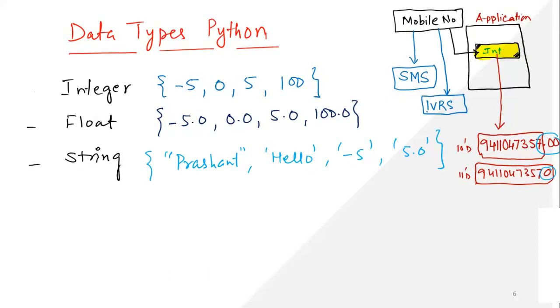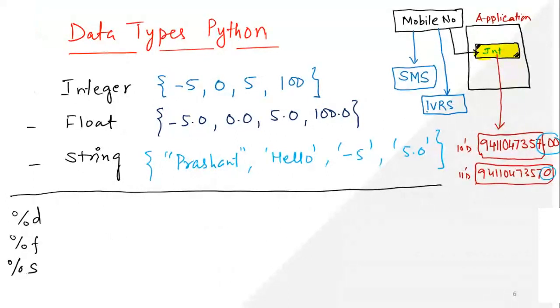Not just in Python, in any programming language. In a similar way, whenever we want to access an integer, a float, or a string, we have to use a format specifier. If you remember, we have %d, %s, %f. These are the format specifiers. We tell whether the number is an integer, a float, or whether the input you are giving is a string.